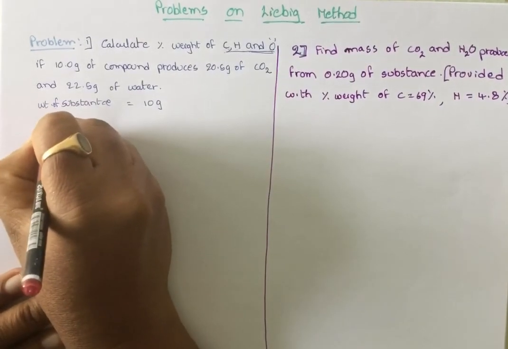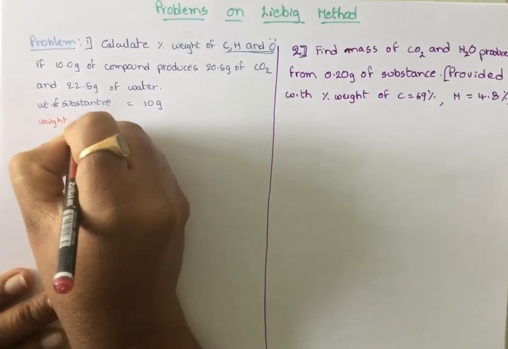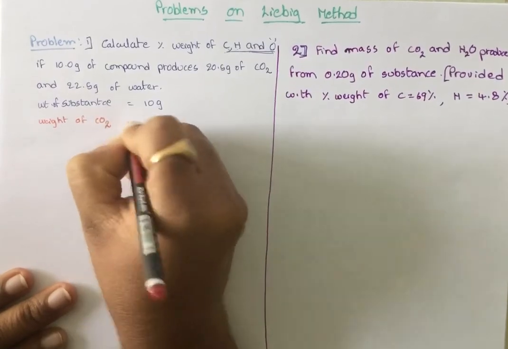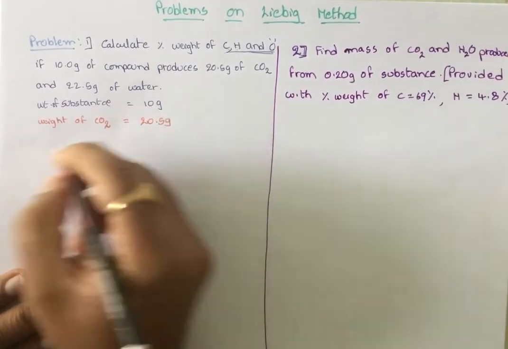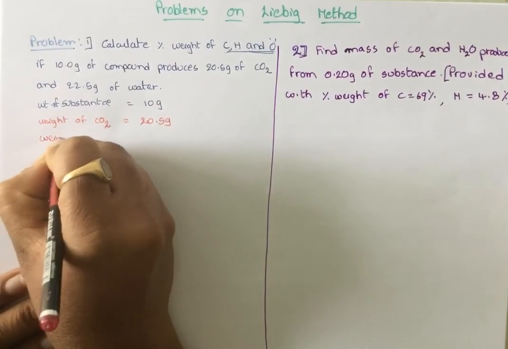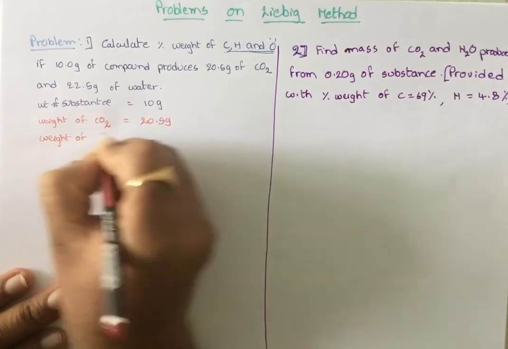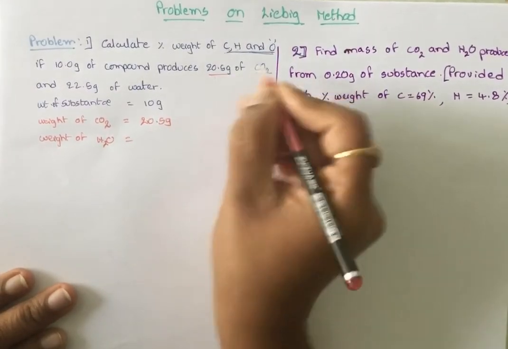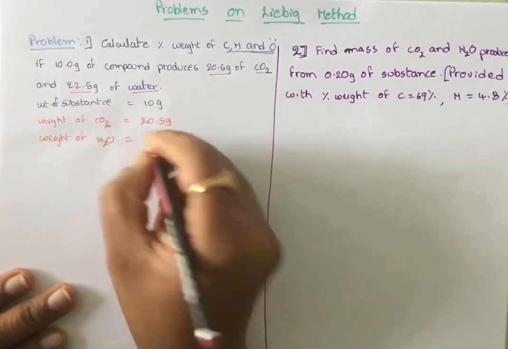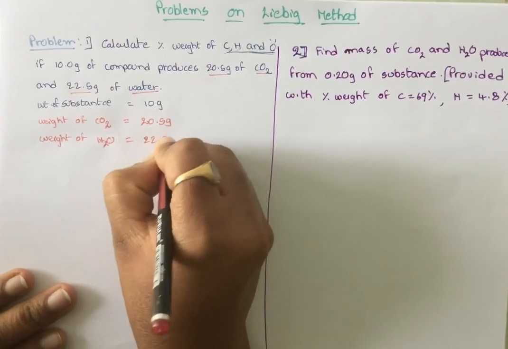Weight of carbon dioxide is equal to 20.5 grams and weight of water H2O is equal to 22.5 grams.